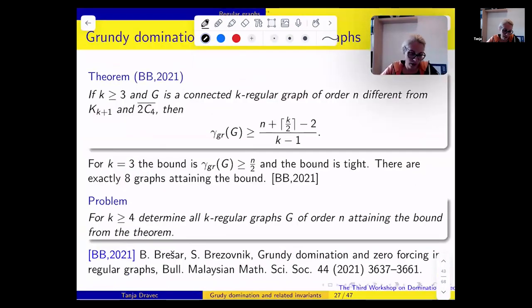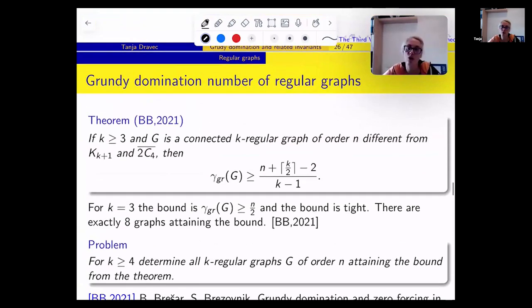Okay, then now I will say a few words about the Grundy domination number of regular graphs. So the Grundy domination number and the Z-Grundy domination number were studied in k-regular graphs by Brešar and Breznik.